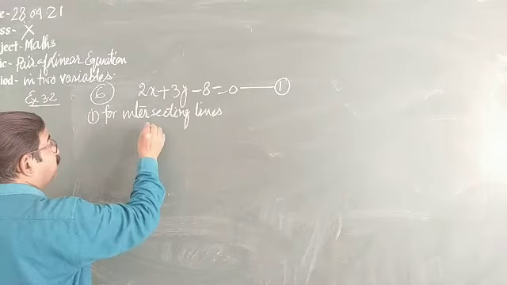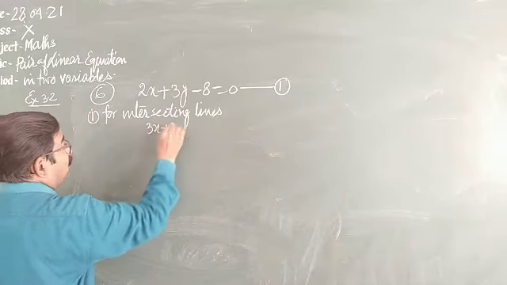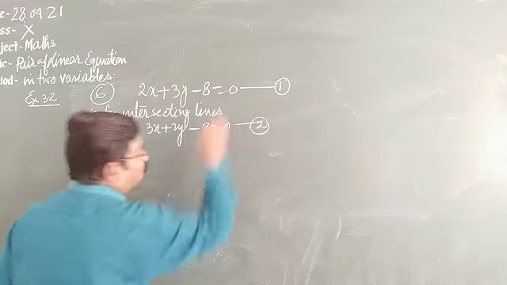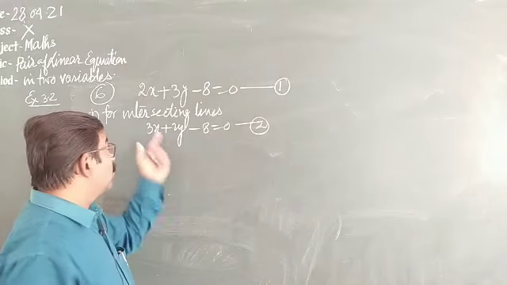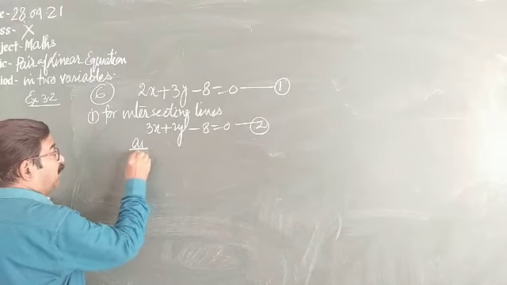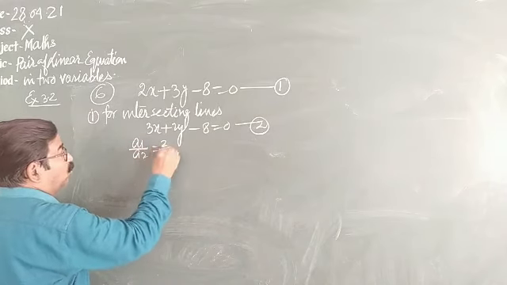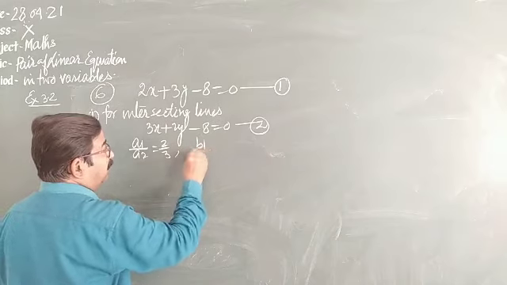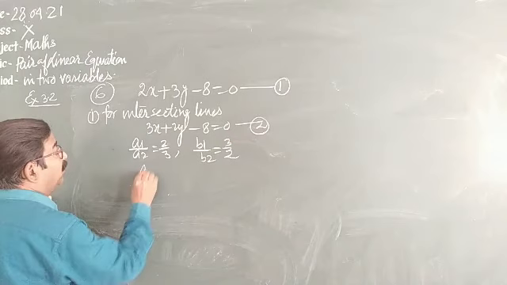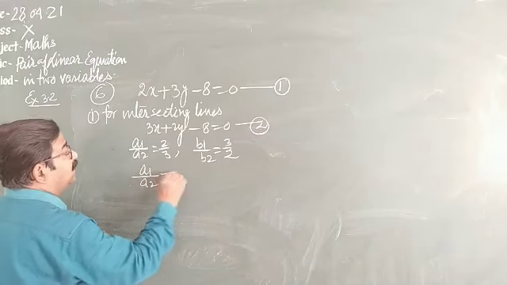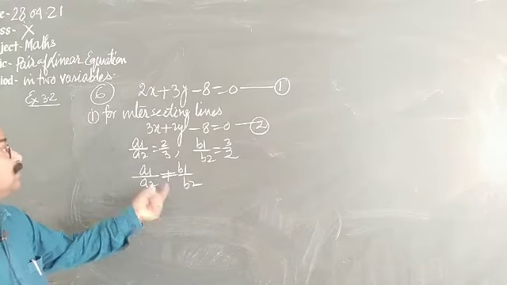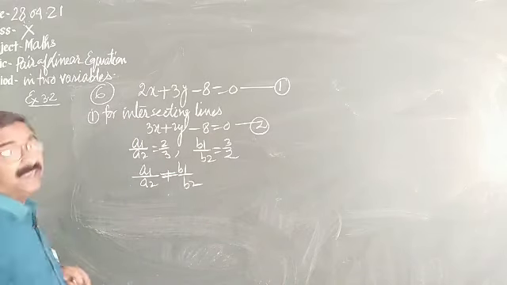Like we can write 3x plus 2y minus 8 is equal to 0, equation number 2, and you can show the ratios are different. We have a1 upon a2 is equal to 2 upon 3, and b1 upon b2 is equal to 3 upon 2. So a1 upon a2 is not equal to b1 upon b2. So in this case we have intersecting lines.